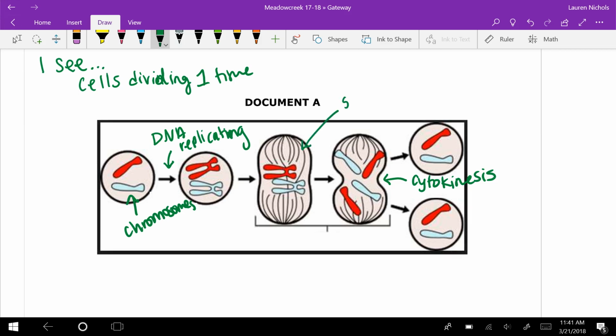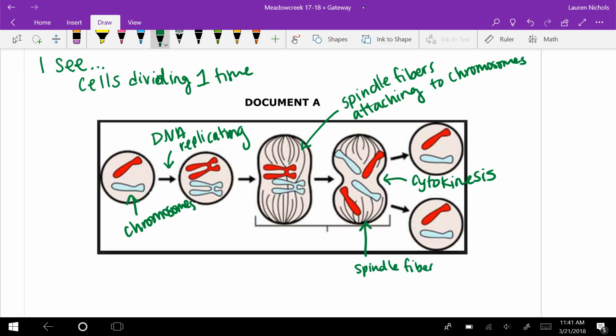I see spindle fibers, that's what those little lines are called, attaching to the chromosomes. I see the spindle fibers pull the chromosomes apart.